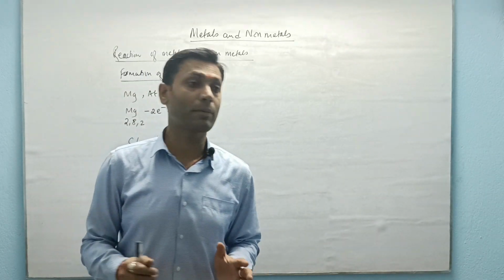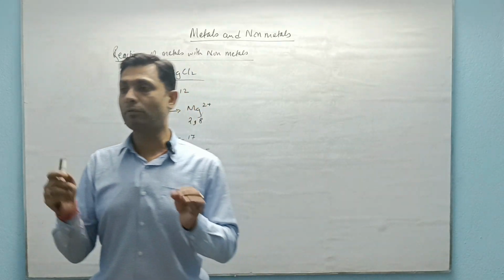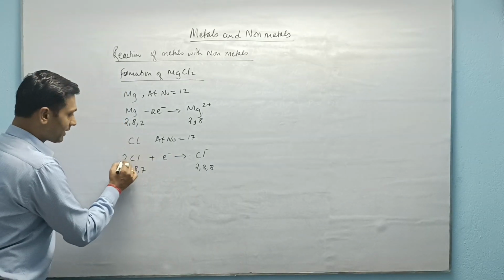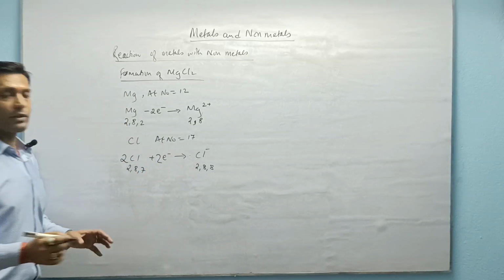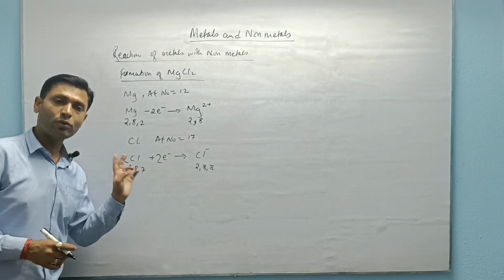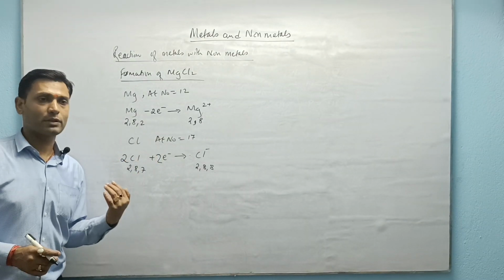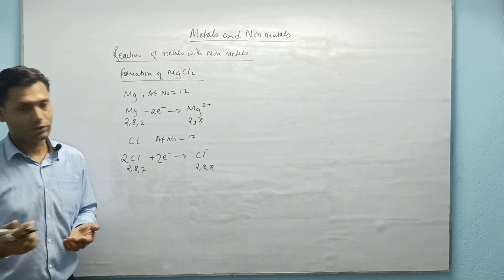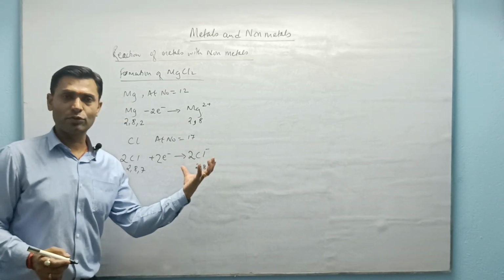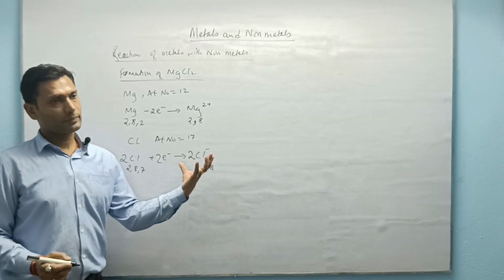So what is the requirement now? There is a requirement of one more chlorine atom. So we'll simply multiply this by 2. There is a requirement of 2 chlorine atoms to receive 2 electrons, that is 1 electron each. This will form how many chloride ions? 2 chloride ions. Is it clear?